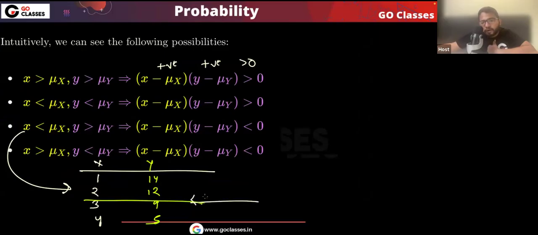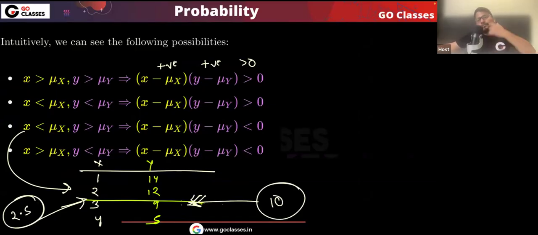Is this fine to everyone? Average remains the same, average 10, average of x is 2.5, right? Now you tell me, if this is lower than the average, at the same time is this greater or lower than the average? This 14 is greater than its average or lower? So it is greater. This I'm lower, this is greater. Oh, mismatch, right? So this first will contribute something negative.